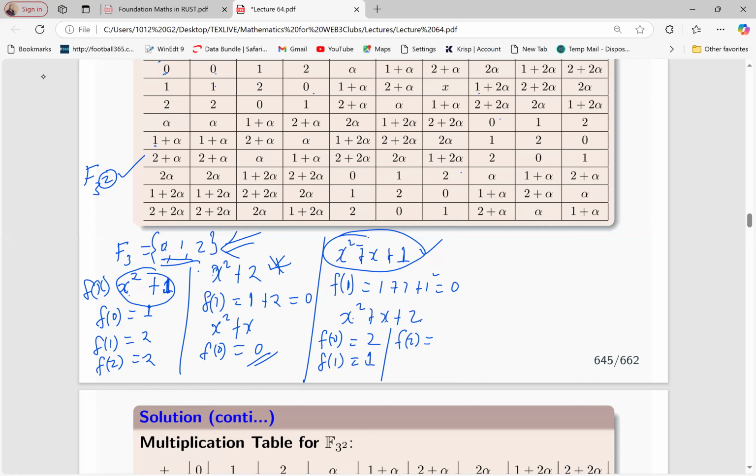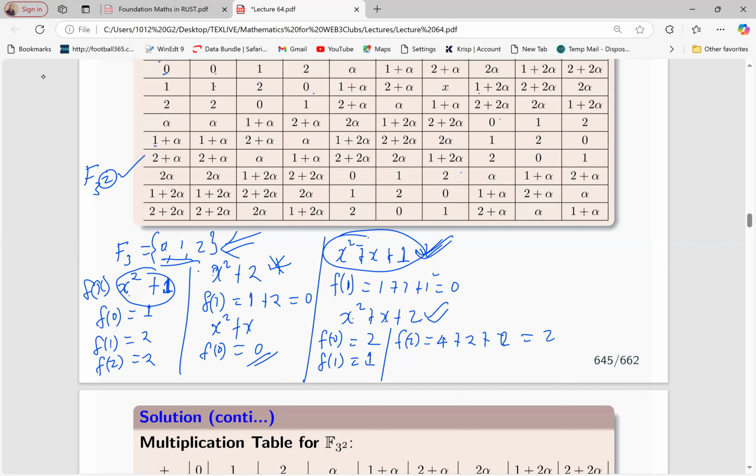This will be 4 plus 2, then plus 2. What is this? This is 8, which is 2. So again, this is a very good polynomial. It's irreducible. You can also use it.